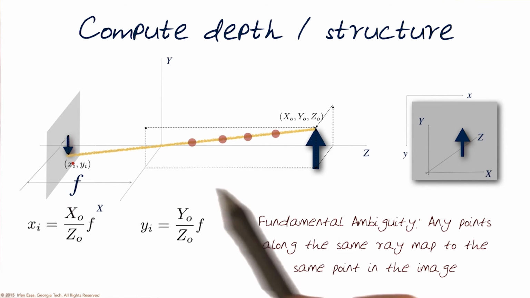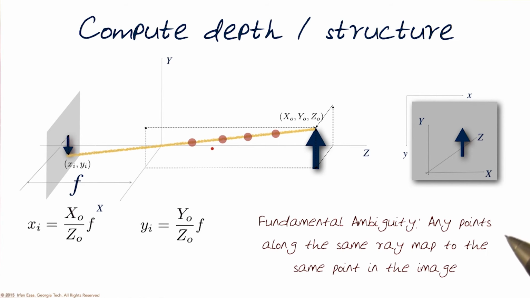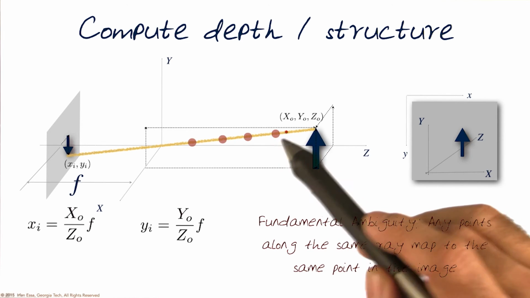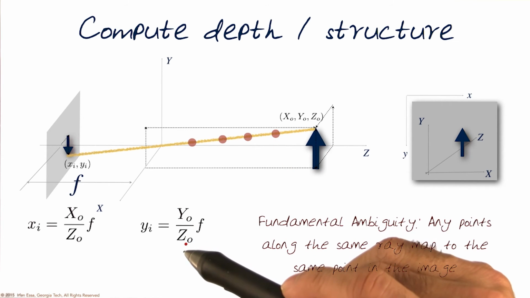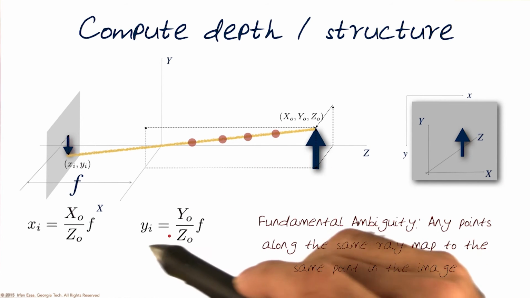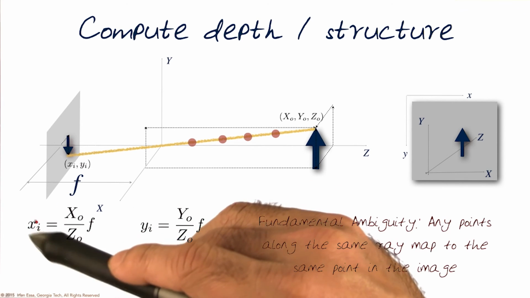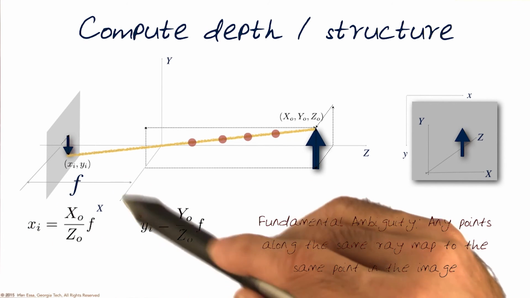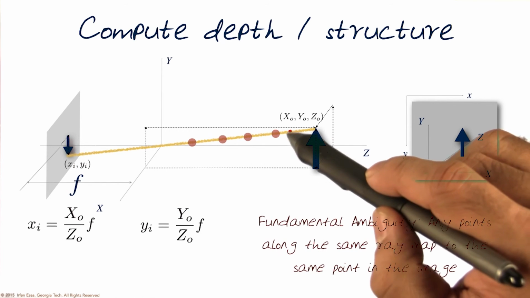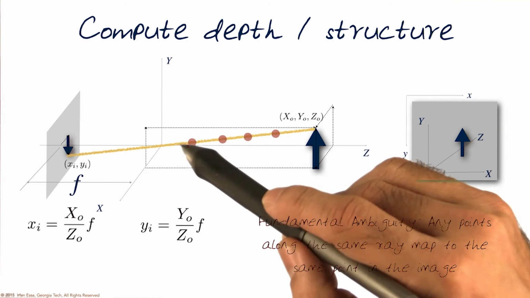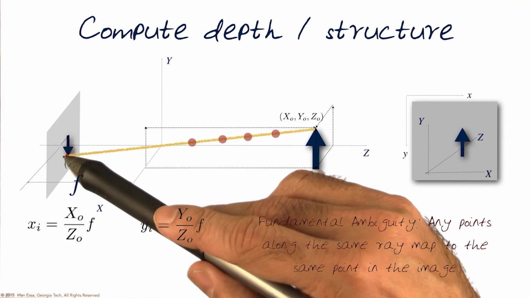That is, any point on this line in the same ray maps to the same point on the image plane, right? Any point here, of course, the values of z are different, the values of x and y are different, but when it comes down to where they are, that is x sub I and y sub I, all of those values for any point in this ray of light are going to project exactly to this point.